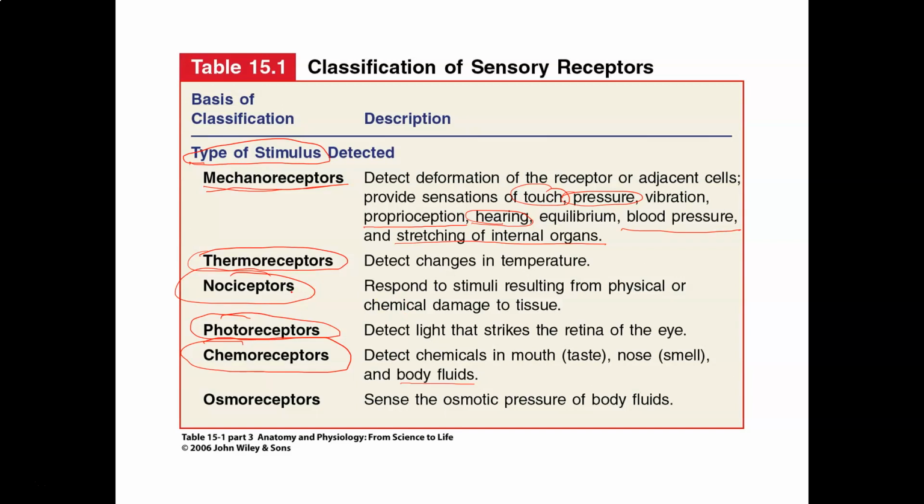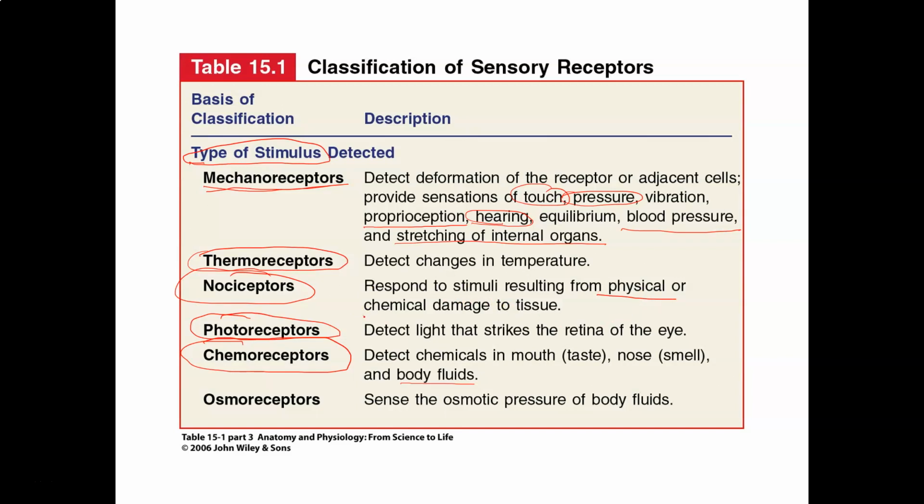But they are not a completely separate class from the four we just mentioned, because notice if you look over here at what nociceptors are responding to, they're responding to physical damage. So say you press really hard on your arm, the skin on your arm. If you press hard enough, it'll start to hurt. Okay? So that's a mechanical stimulus.